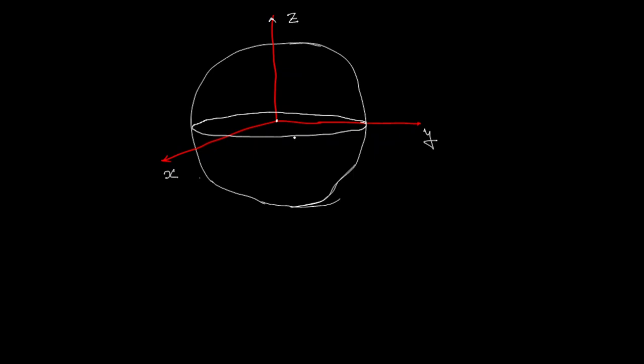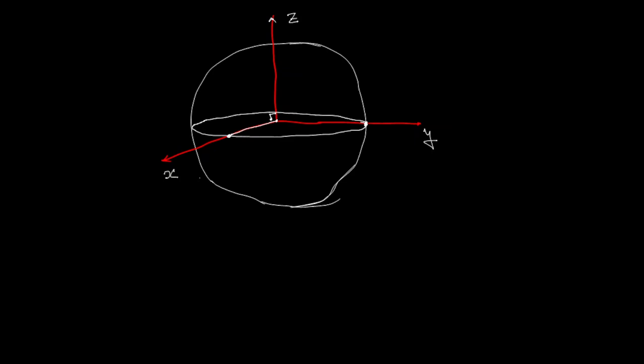So, the way we have defined r, theta and phi. If I ask you what will be the value of theta and phi at this point? If we connect this point with the origin O, it will be parallel to the x-axis. So what will be the angle between this r and the z-axis?